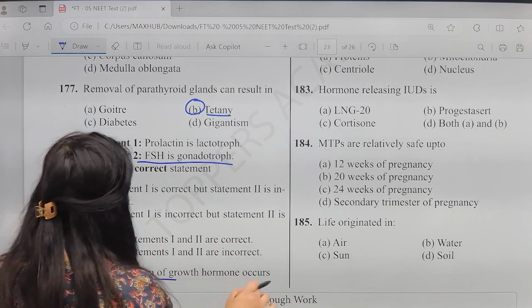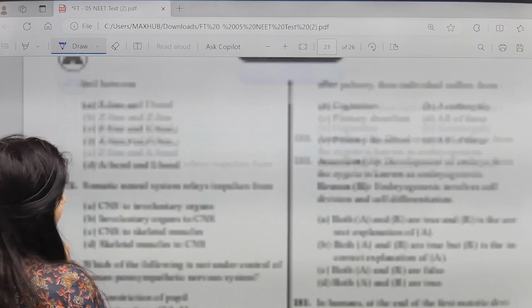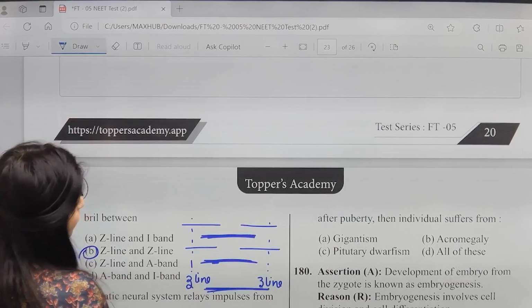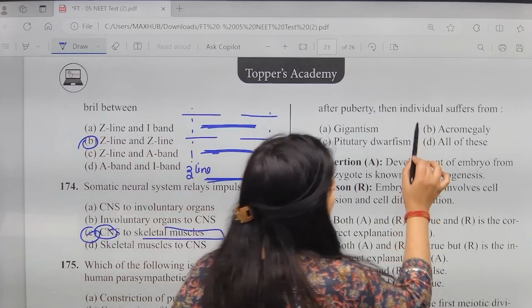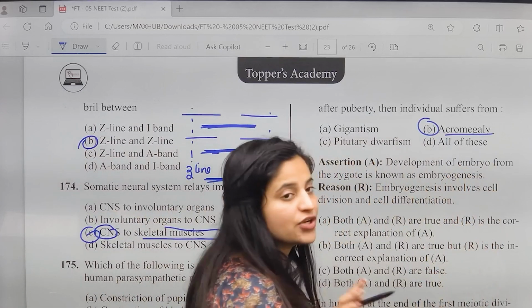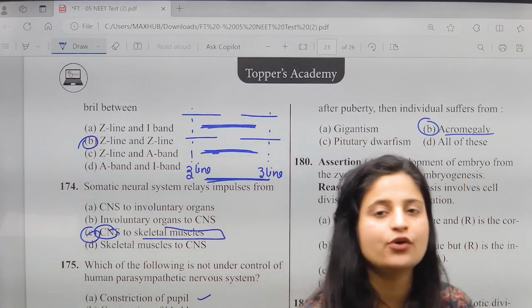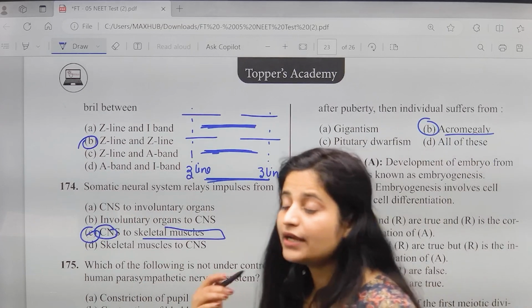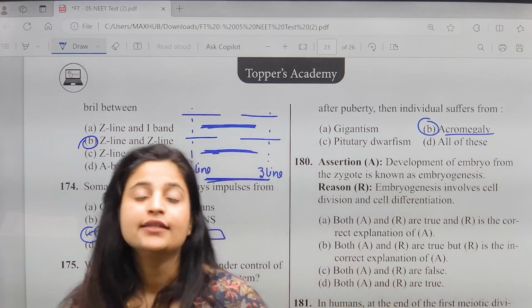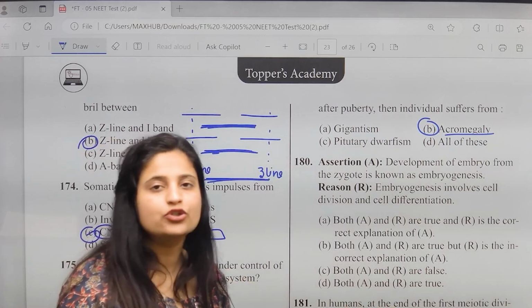Next, if oversecretion of growth hormone occurs after puberty, then the individual suffers from acromegaly. If this oversecretion happens during childhood, then the person will suffer from gigantism. But if it happens after puberty, then some parts of the organs will grow.